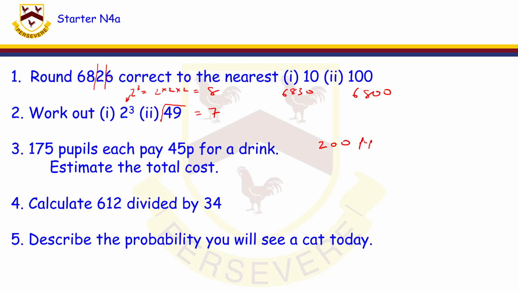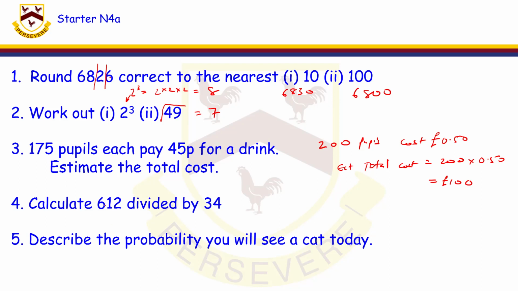So the estimated total cost is going to be 200 times 50p, which will give me, if I do 5 times 2, that's 10, and I've got 2 zeros there, but I've got to move one back, so it's 100. It's going to cost me £100.